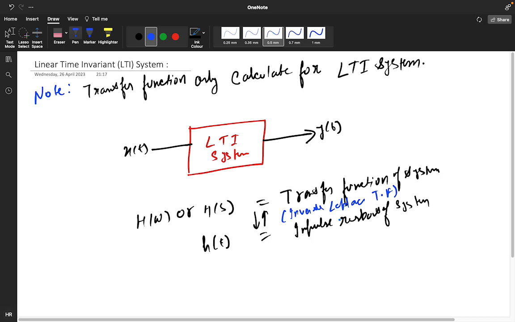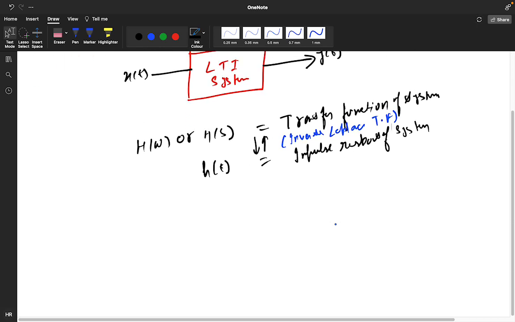Okay, there are different ways to define the input and output relation of an LTI system. Write it down.